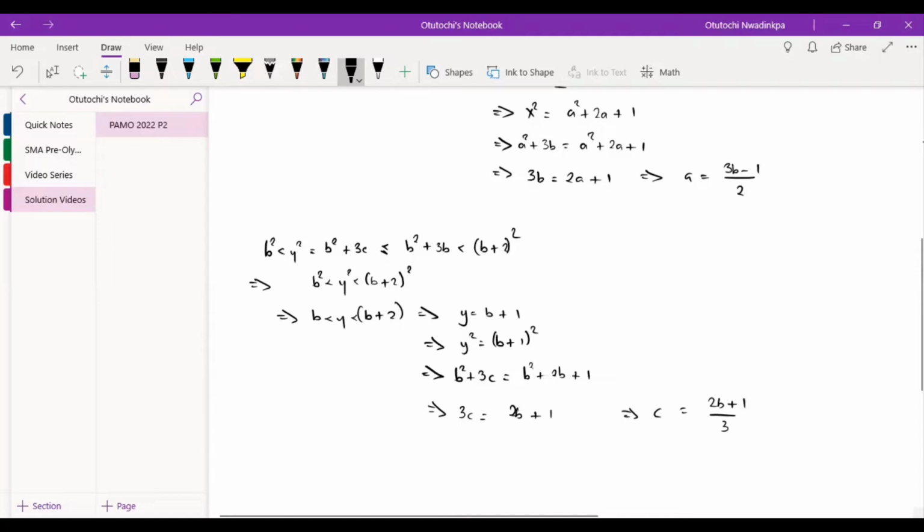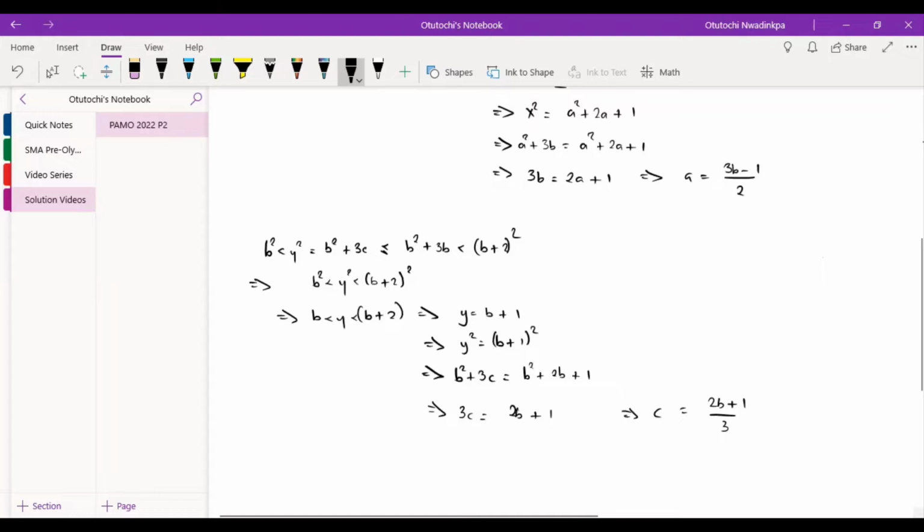So if for instance we had c less than or equal to a, we could do this again and maybe get a and c in terms of each other, but we don't have that, but we are still fine, right? Because we have a in terms of b and c in terms of b. We use bounding to get those.